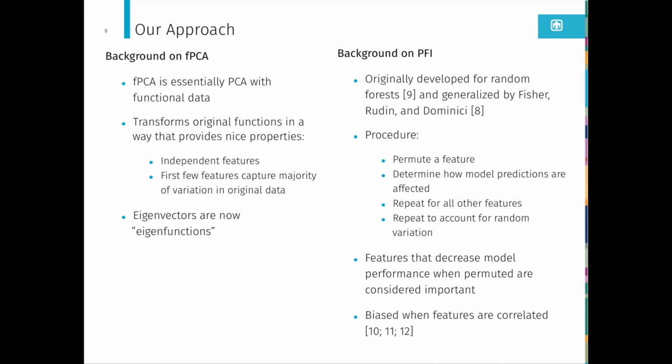This procedure is done for all features and may be repeated multiple times to account for the random variation of the permutations. A feature is considered important if the predictions are affected greatly when the feature is permuted. It is important to note that PFI has been shown to be biased when the features are correlated. As I discussed previously, this would lead to an issue with trusting the feature importance values if the naive approach to machine learning with functional data was used.